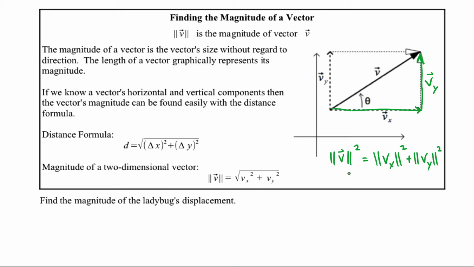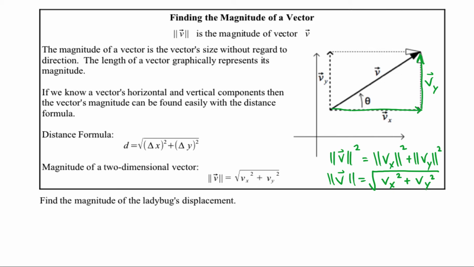If we were to solve, we would square root both sides. Regardless of whether Vx is positive or negative, it doesn't matter. Once we square it, it's going to become positive anyway. And we have this formula for the magnitude of a vector.